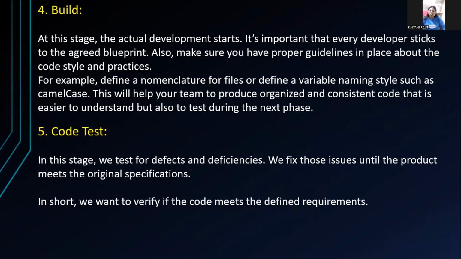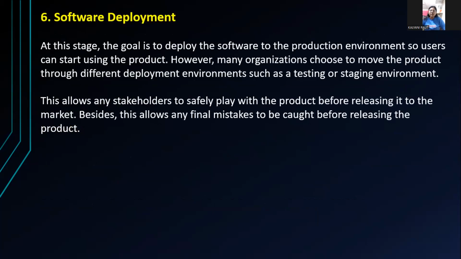We need to detect whether the code is proper or not. We verify the code and that it meets the requirements. And software deployment, moving the software to the production environment so users can start using the product. Many organizations choose to move the product to different deployment environments.